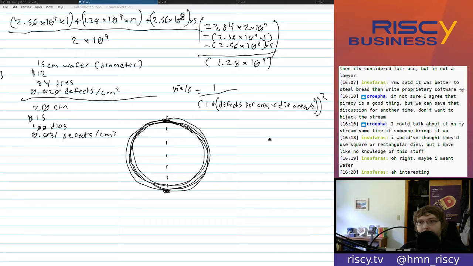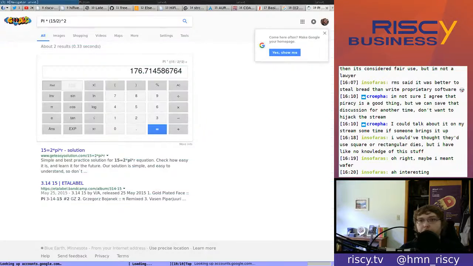So what we're saying is the yield would be 1 over 1 plus 0.02 times, and then 2 squared over 2, that's just going to be 2. And then this needs to be squared. So let me, I guess we don't need that long equation in Google anymore, do we?